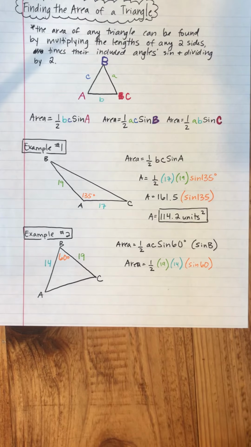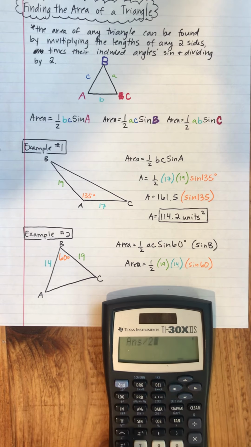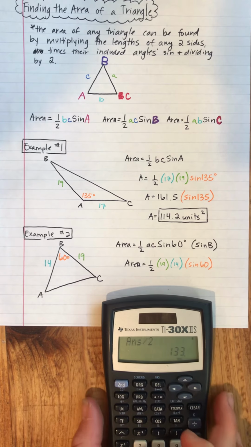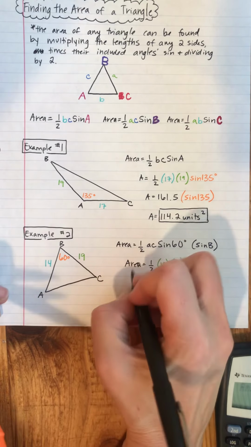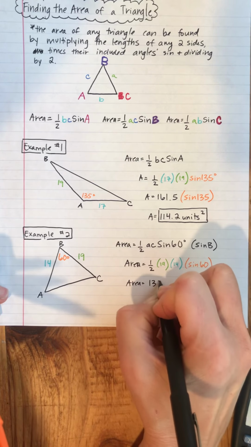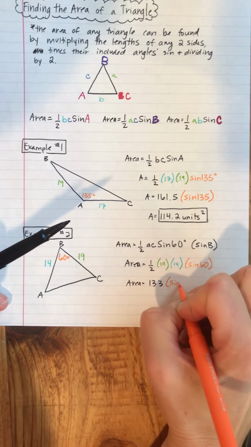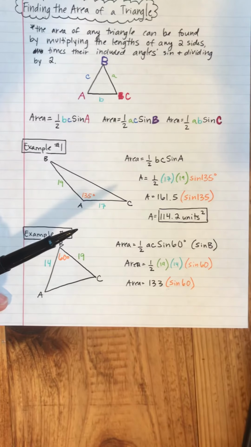Okay, now I'm going to use my calculator, and I'm going to see 19 times 14 is 266 divided by 2, because we're multiplying by 1/2, is 133. So my area equals 133, and I'm going to multiply that times the sine of 60.